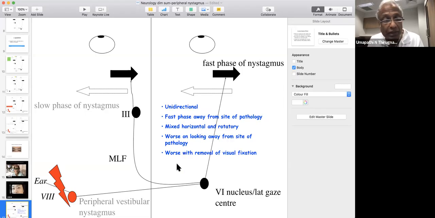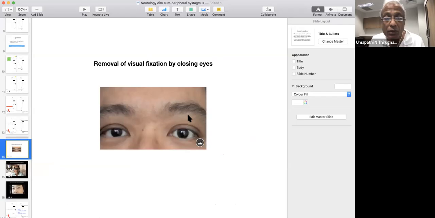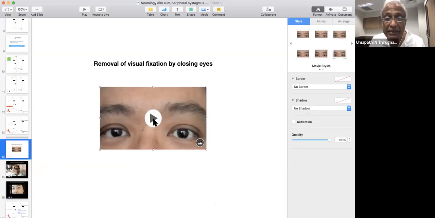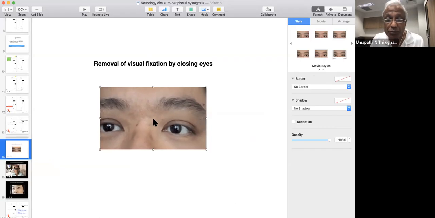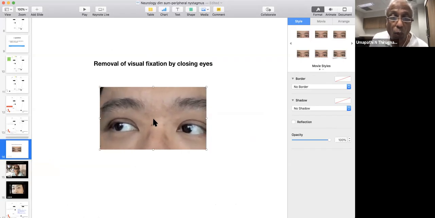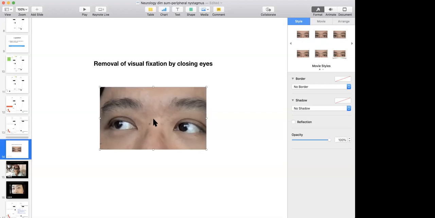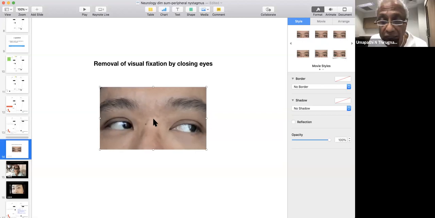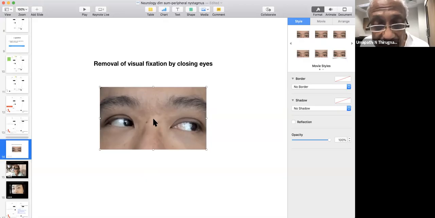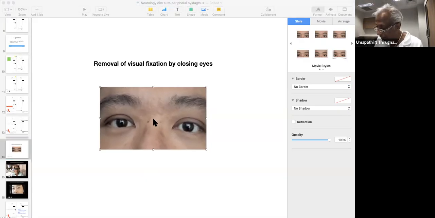And finally, the so-called Romberg sign of the eye, which is basically when you close the eyes or remove visual fixation, the nystagmus gets worse. It's similar to the Romberg sign in the limbs, when a person comes into the room walking normally, but the moment he closes his eyes, he starts falling.